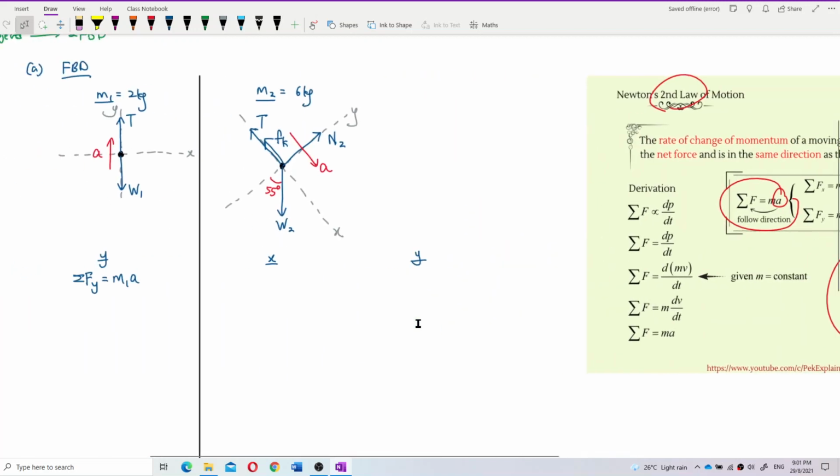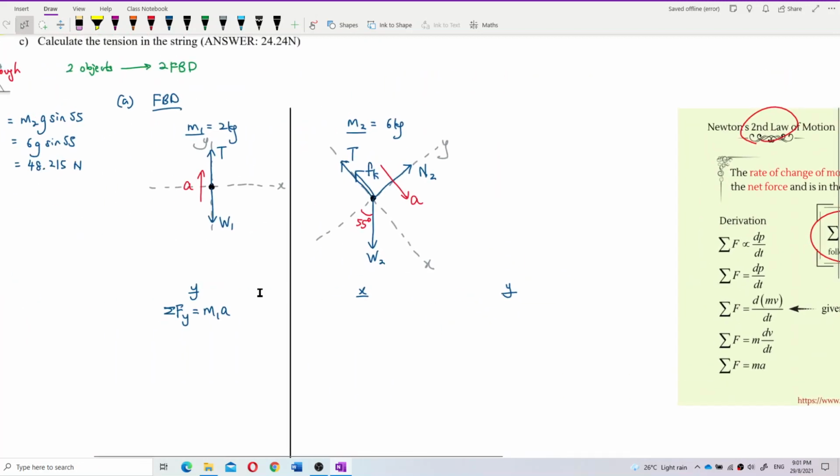So we can say acceleration is going up. The forces upwards should be positive, and the force opposite the acceleration, going downward, should be negative. The tension is in the same direction as the acceleration, so tension is positive.